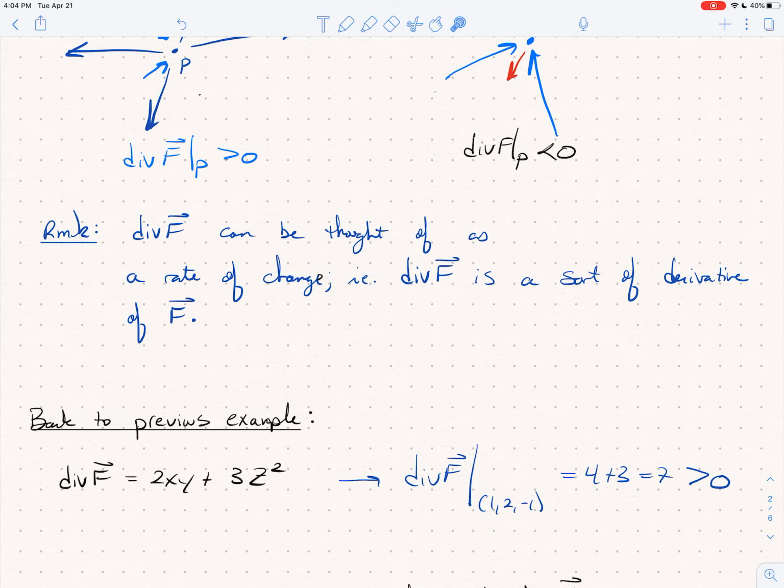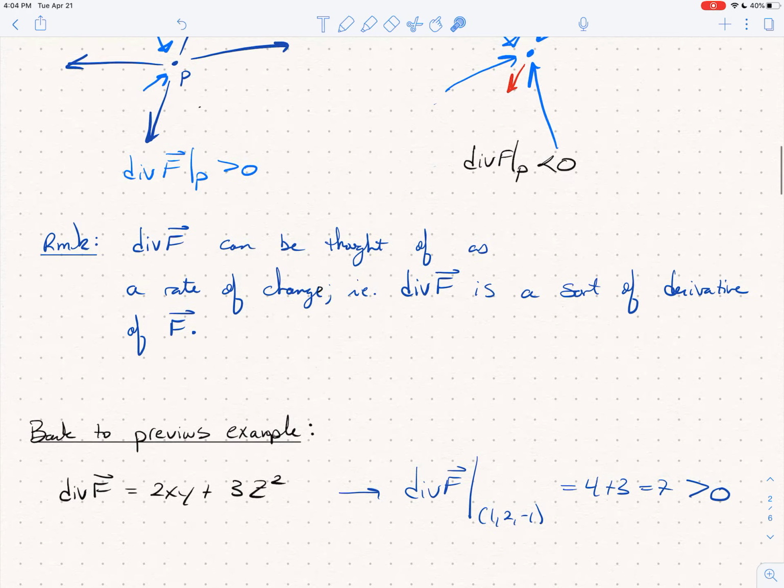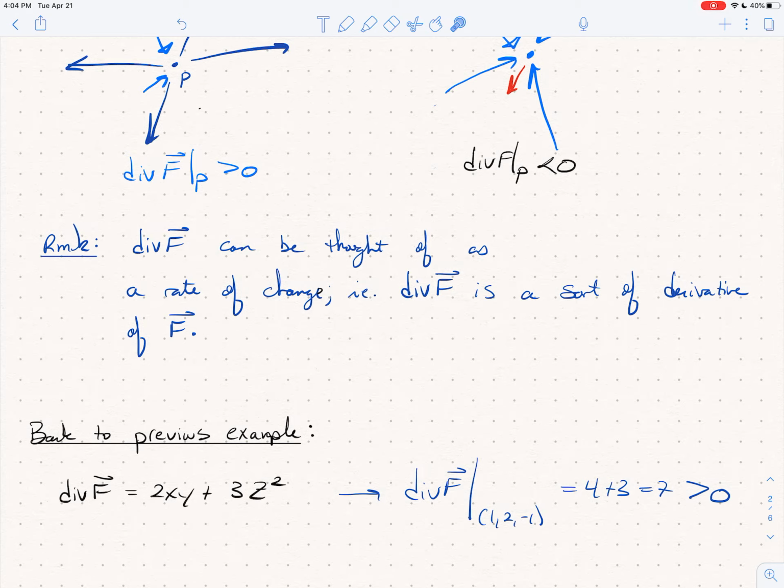That's positive, and so we can think about the density of our fluid as dispersing, it's diverging at a rate of 7. And so the larger the number, the more rapidly the fluid is diverging from that point. And then, of course, when it's negative, then you actually have flow coming in. So we'll end this video here, and in the next part, we're going to look at what's called the curl of a vector field.